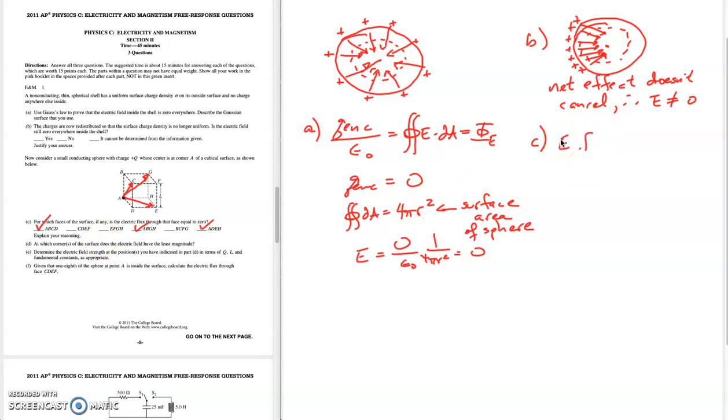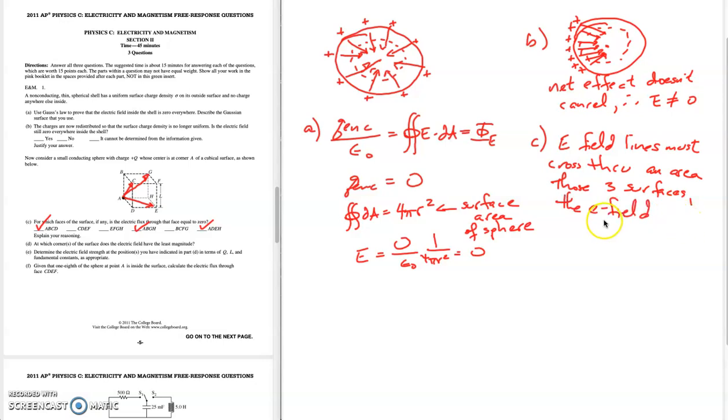So E field lines must cross through an area. Those three surfaces, the E field is parallel to the surface. It doesn't actually cross the plane of the surface.